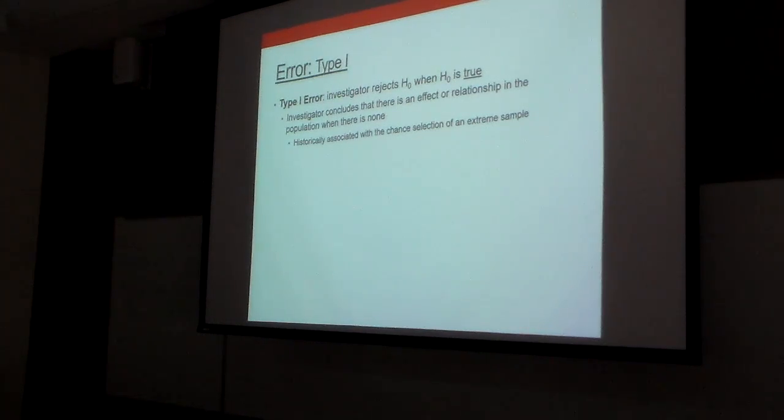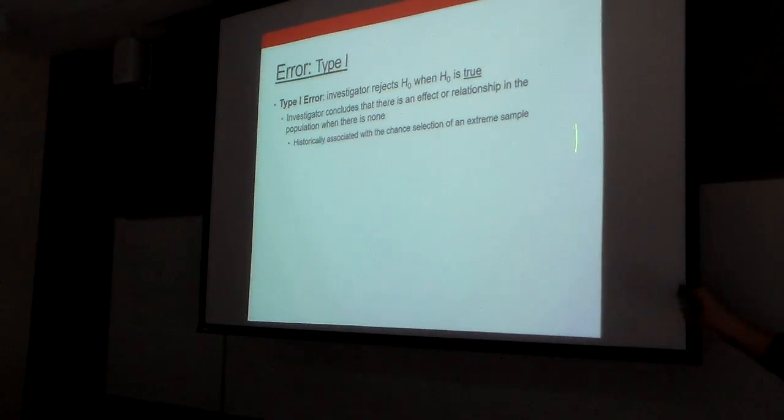Is it possible that I could get a sample with mean equals 120? Yeah, it certainly is, right? Does this mean it's a bad sample or that I did something wrong in collecting it? Not necessarily, right? It's not going to happen a lot, but every once in a while I'm going to catch something way out on the margins, right? And I may not recognize that it's way out on the margins, right?